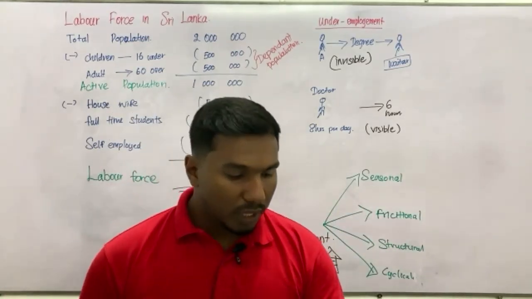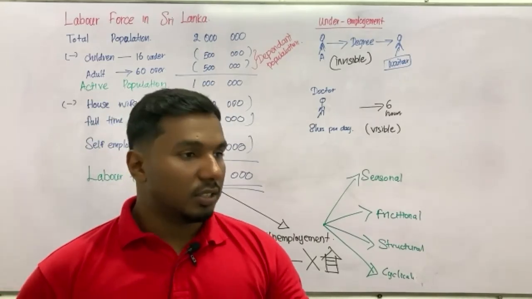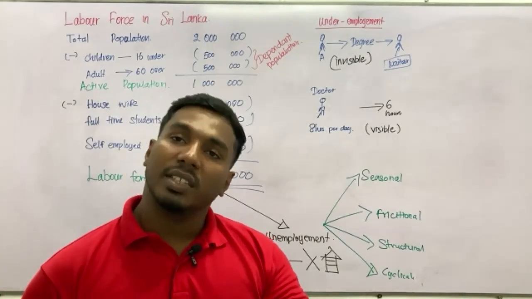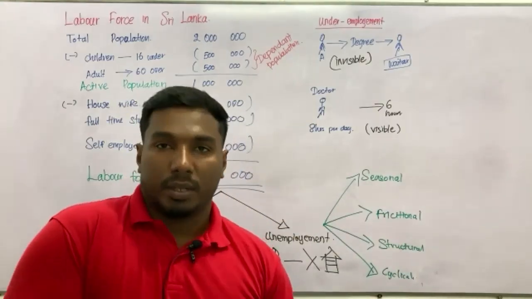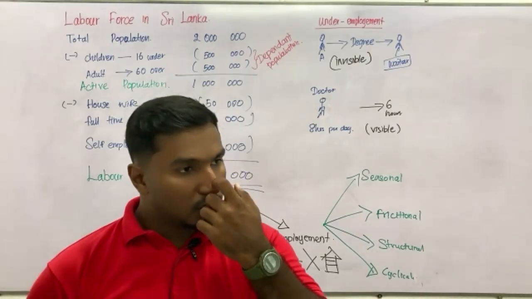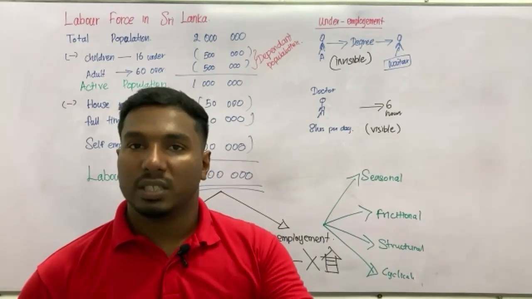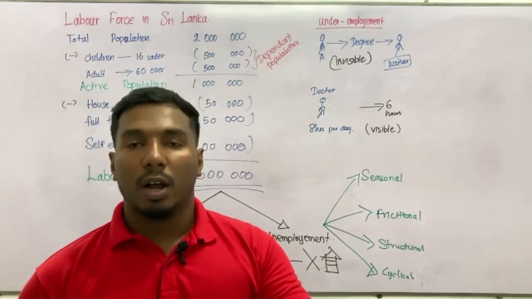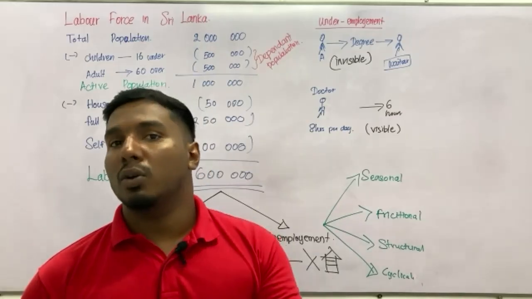Actually, for a year, the farmers only work for 6 months: 6 months working time, 6 months resting time. So that resting time is known as seasonal unemployment. There are also seasons when mangoes don't grow, so the mango farmers don't work in that season.